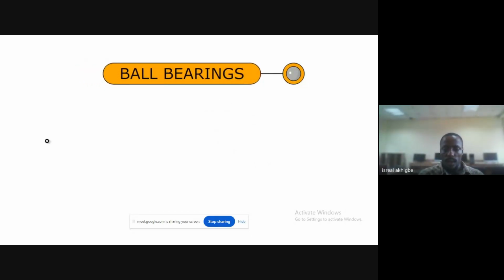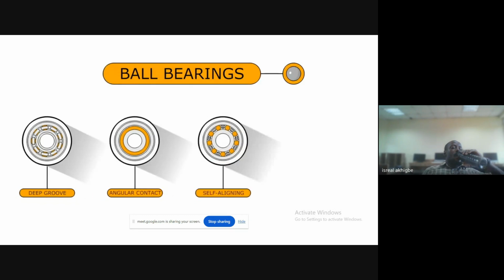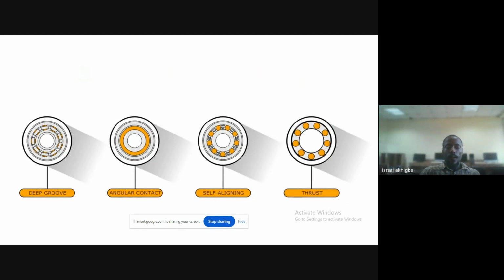Ball and roller bearings. Ball bearings means that it is a ball that is the rolling element inside the bearing. If it's a roller element, it will be the cylindrical type. Ball bearings include deep groove ball bearings, angular contact ball bearings, self-aligning ball bearings, and thrust ball bearings.